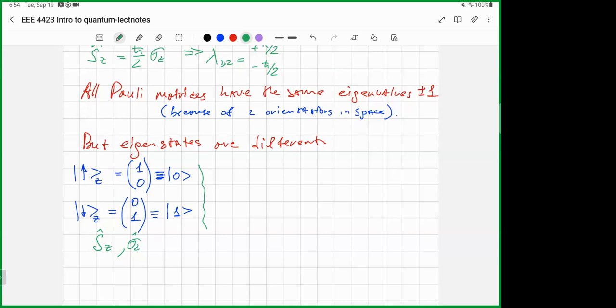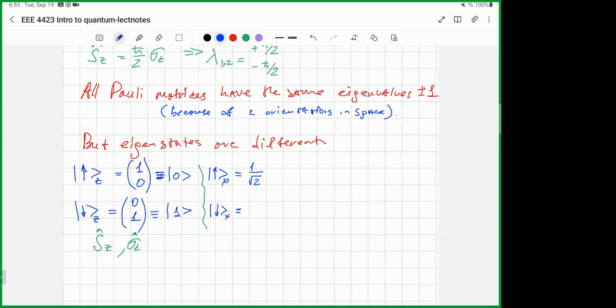For the x component of the spin, up and spin down, we have another very popular, very well-known pair of states.